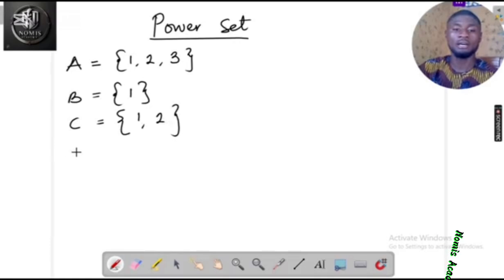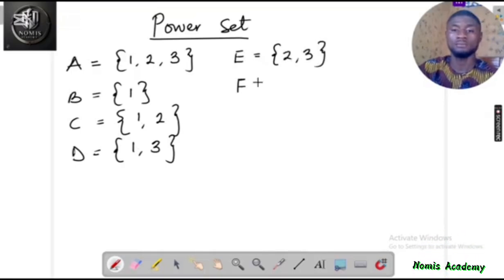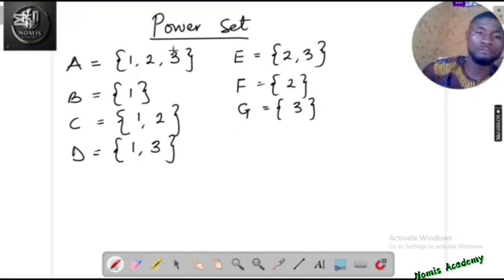I have D, I have E, I have F, I have G, so all these are subsets of set A.